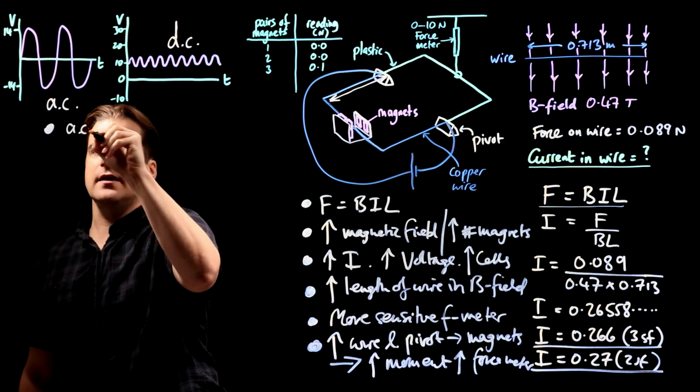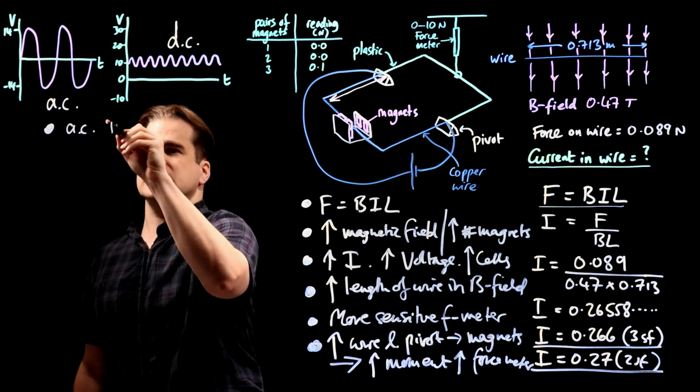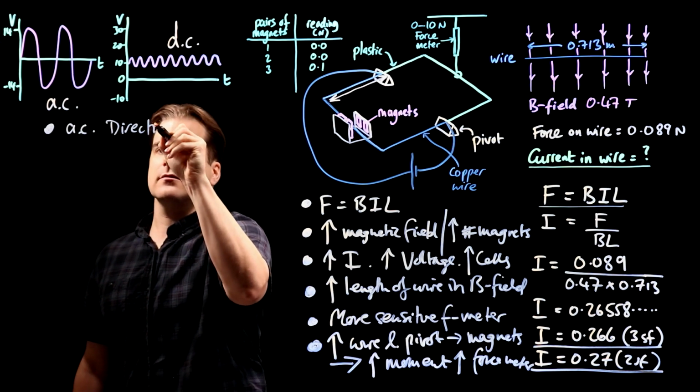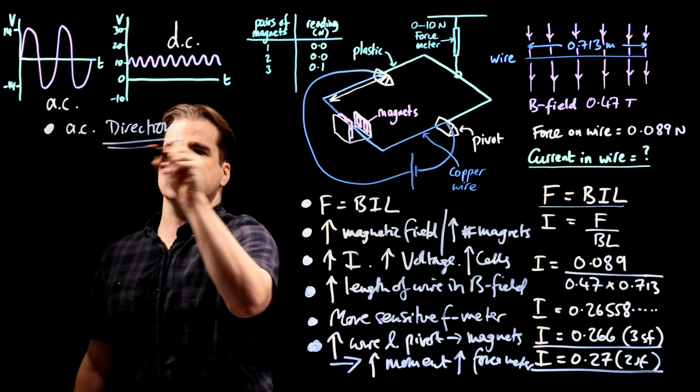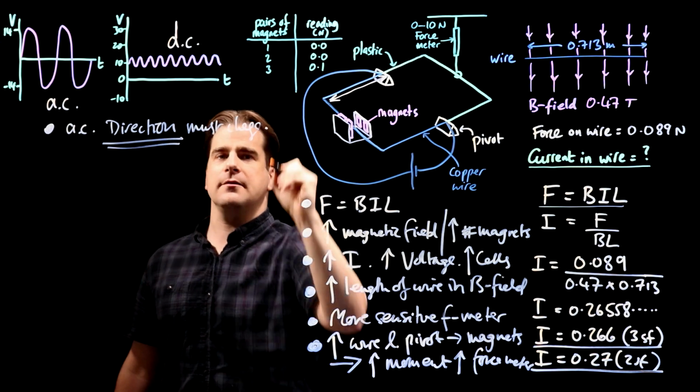Good. So for 2 marks, what would you say in the exam? Say that an AC, an alternating current, its direction must change, okay?